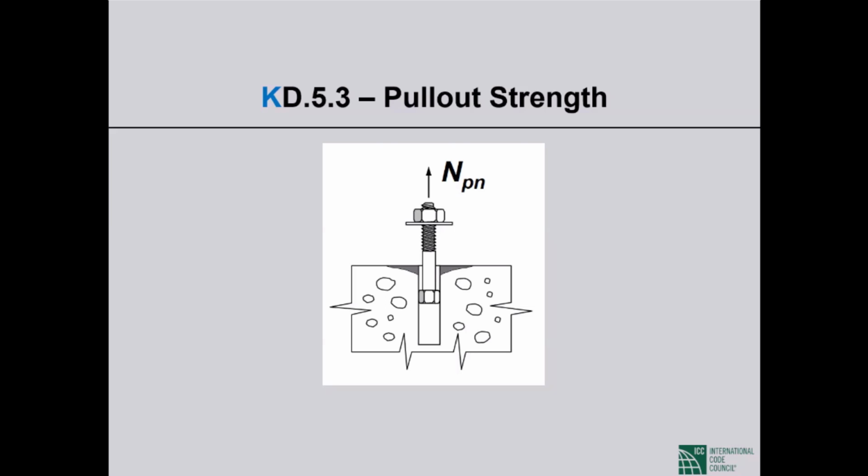The last tensile failure mode is pull-out. That is the anchor pulling out clean, with no chunk of concrete coming with the anchor. That does not happen to headed bolts or studs typically. It does happen to hooked bolts, because the hooks under large tension can straighten out, and then the anchor just pulls out.